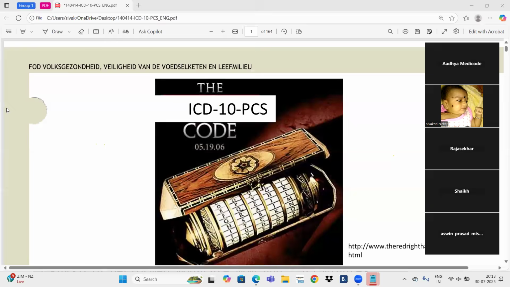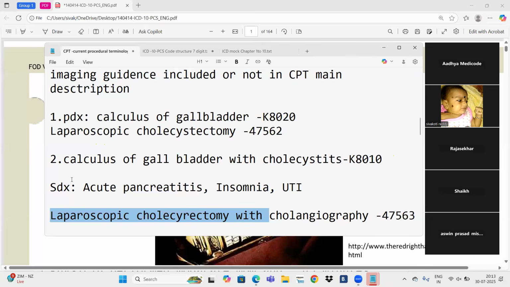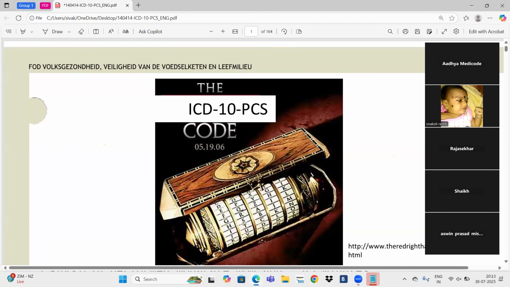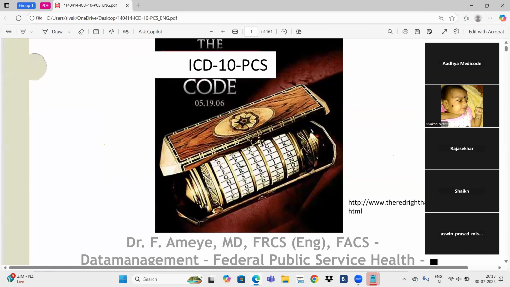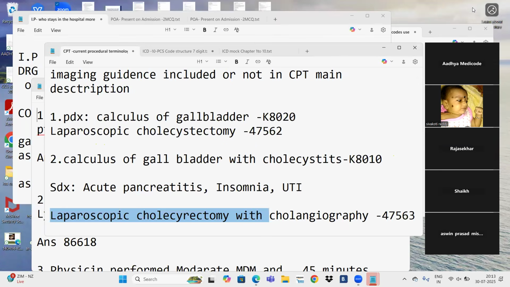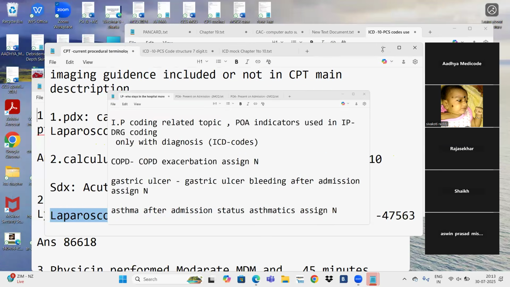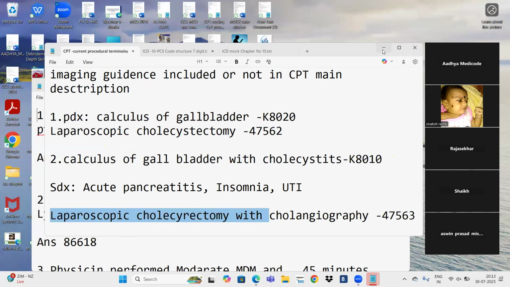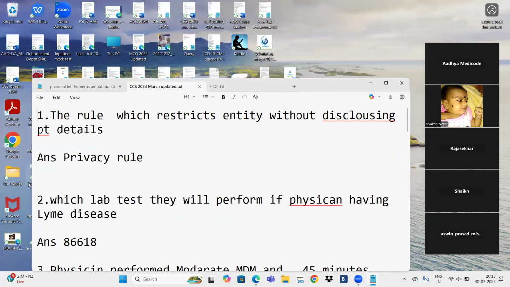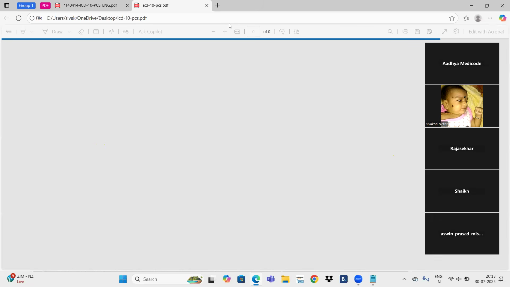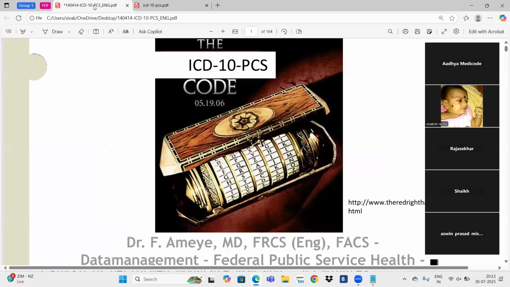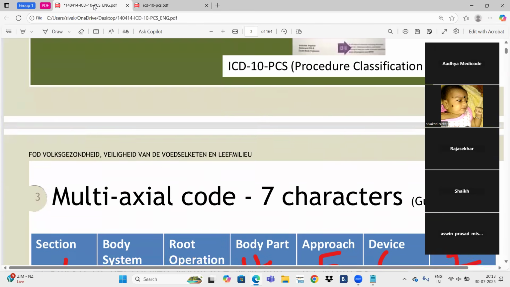Remember now. So please note down the 7 characters of the PCS code.